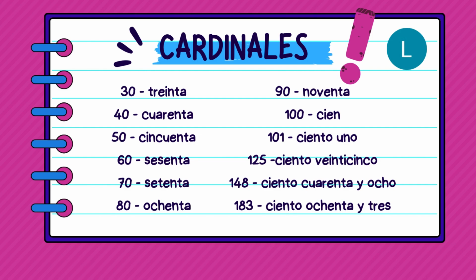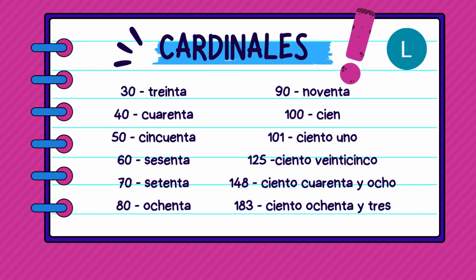And we take the same idea as before. If we're going to say 101, I'm going to say ciento uno. And then if you want to say 125, I'm going to say ciento veinticinco. Remember, in the 20s, we shortened the numbers, right?